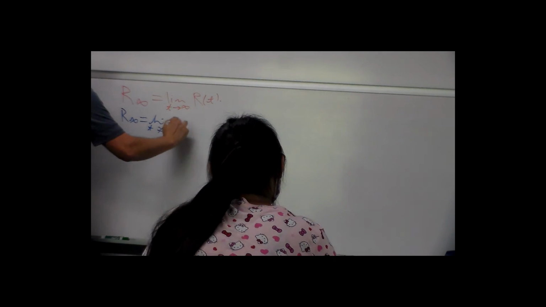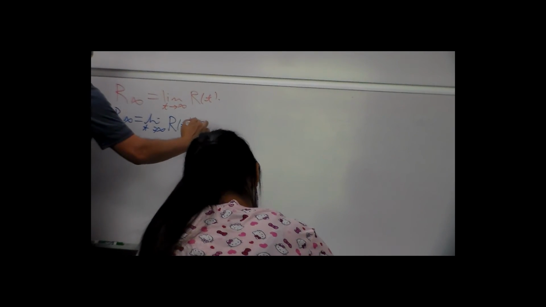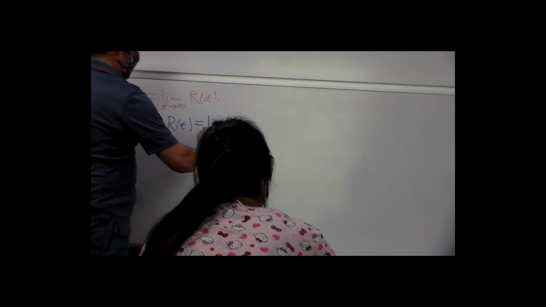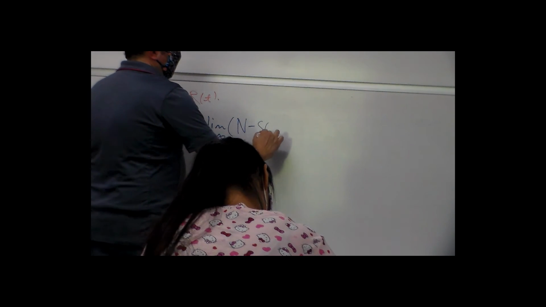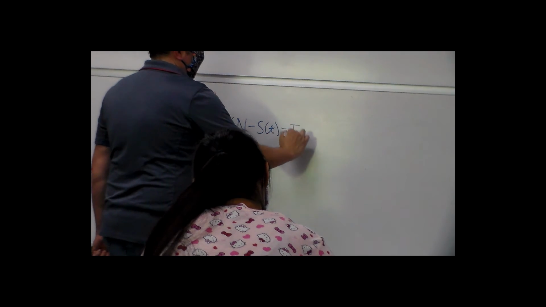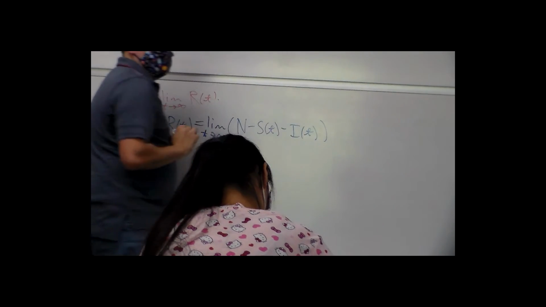Okay, so what I know is this quantity, R infinity, is equal to the limit as t goes to infinity. Just wrote down the exact same thing above. Is equal to the limit as t goes to infinity of N minus S(t) minus I(t), right?